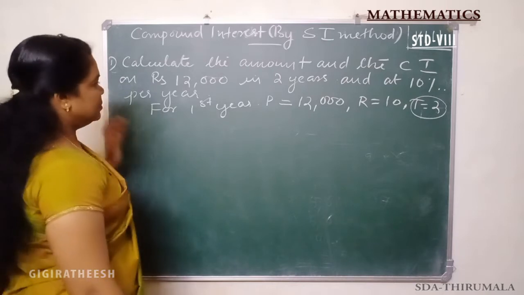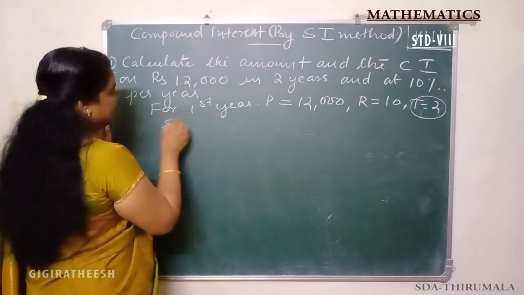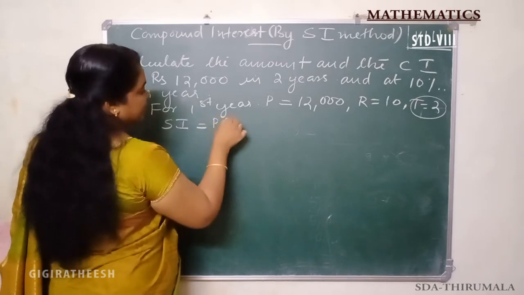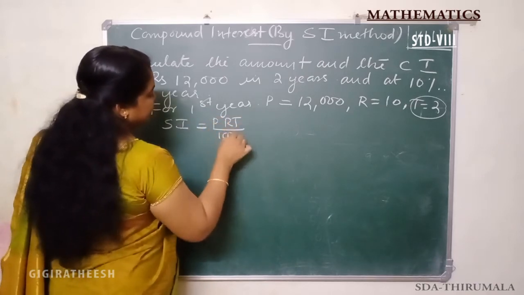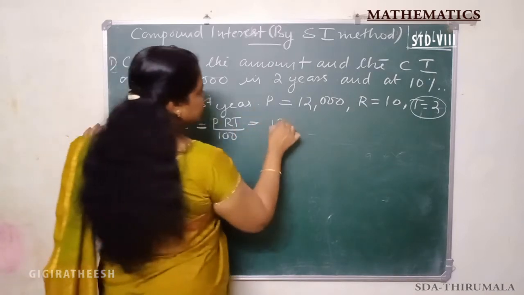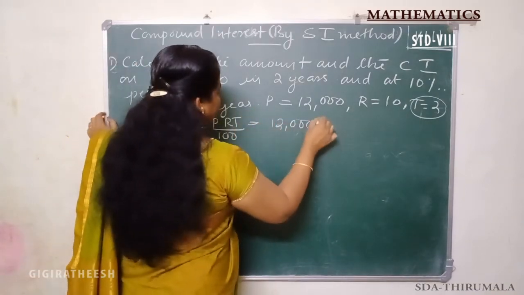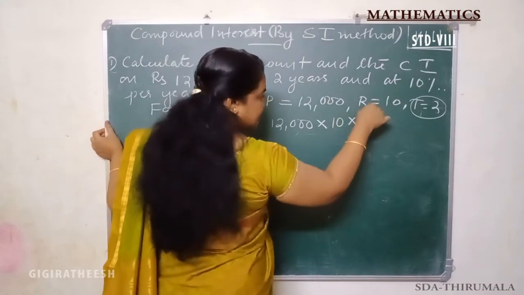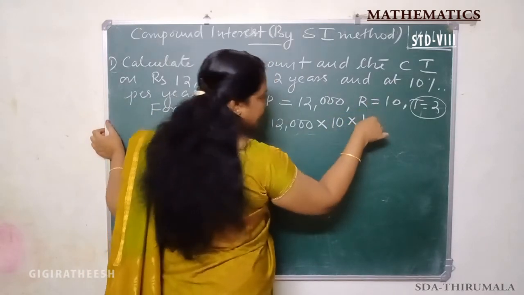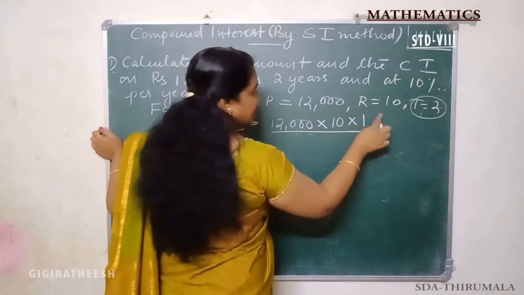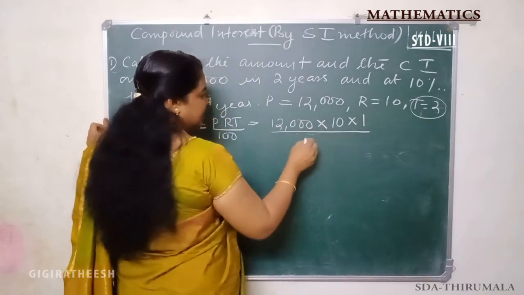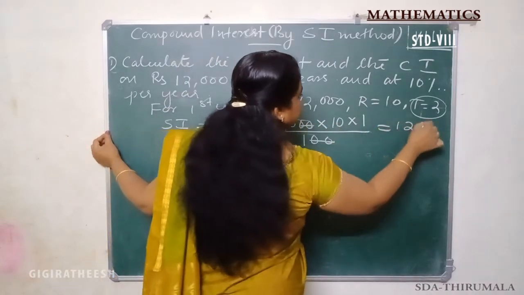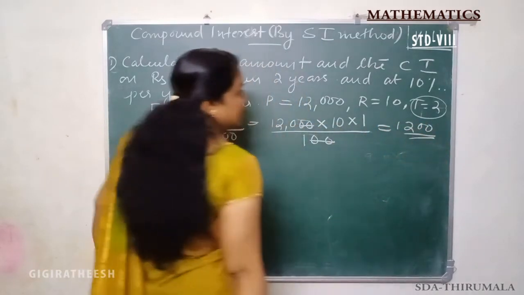Using the simple interest method, SI is equal to PRT by 100, that is 12,000 into 10 into T is equal to 1 for each year, divided by 100. Cancelling this, we get 1200. That's the interest, 1200 rupees.